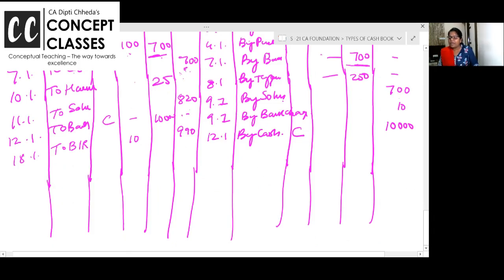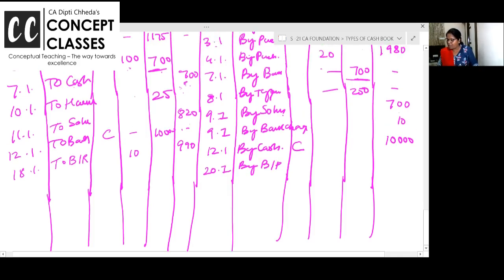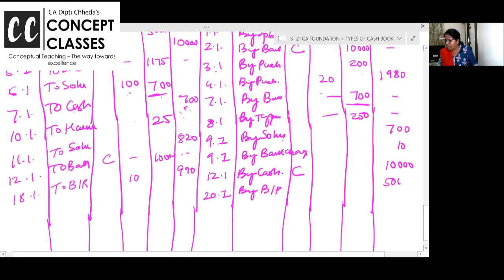Now, honored our own acceptance by check for 5,000. We have given someone the bills payable that we will pay you. So we honored it, we paid it. On 20th of January, by bills payable. How much we have paid through bank? 5,000. Keep patience.